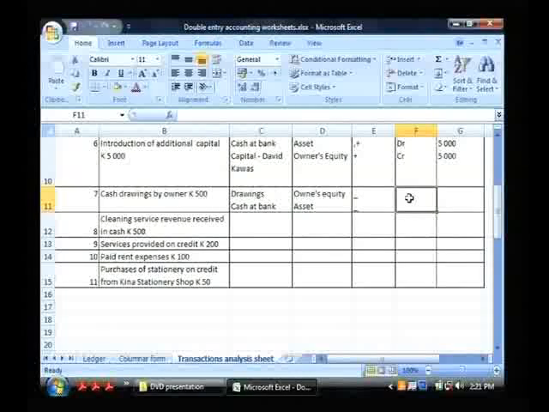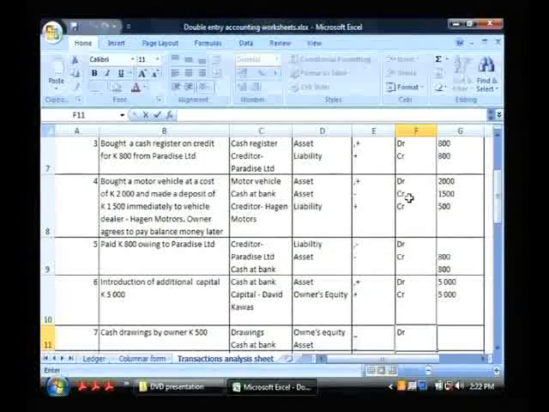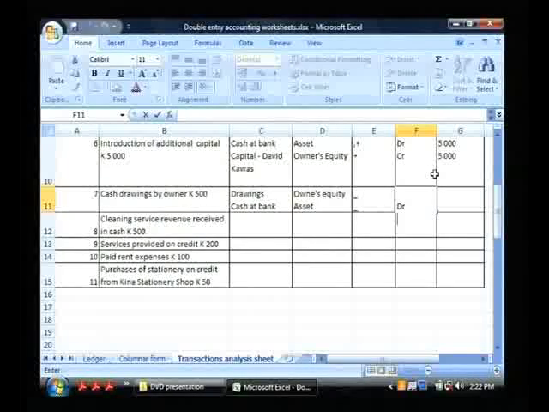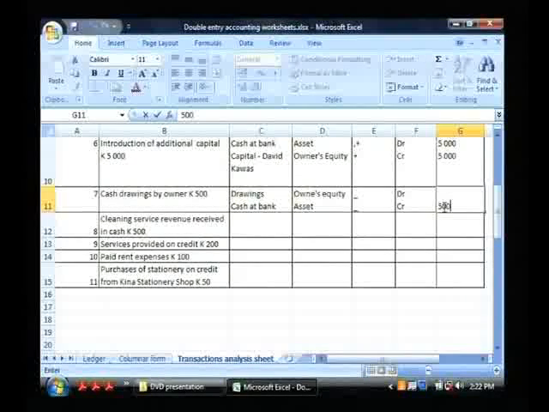Owner's equity decreased by 500. So therefore, debit, asset decrease by 500, it is credit, and here it is 500 amount.